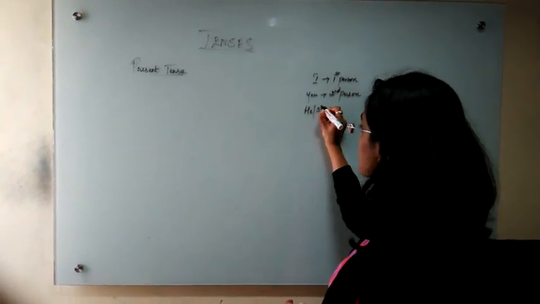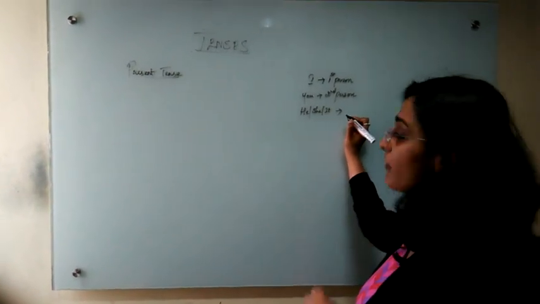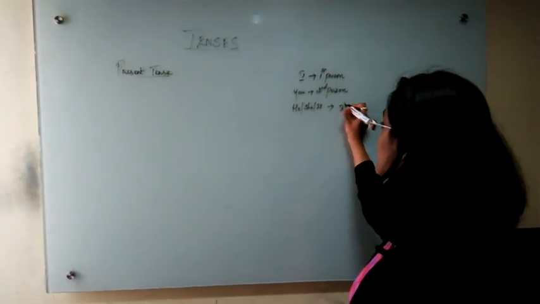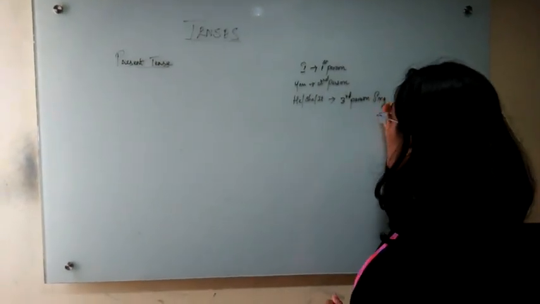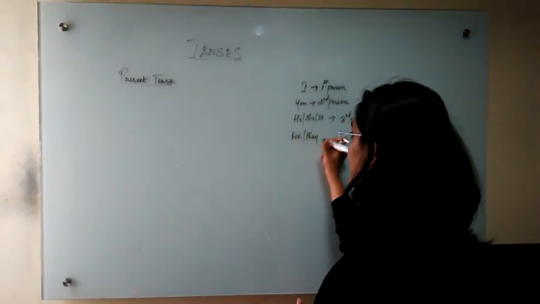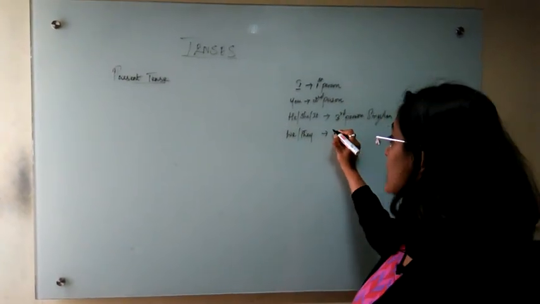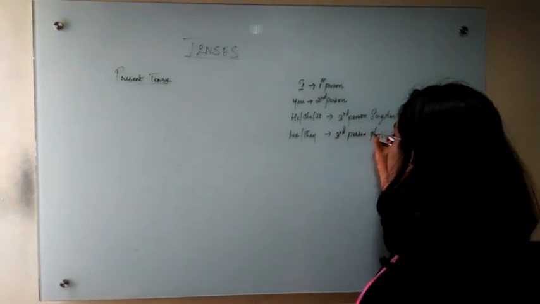Then we have someone called the third person singular, who is sitting right next to you or somewhere else. Then if there are more people around you, we, they, both of us, all of us, some of us, then we say they are third person plural.